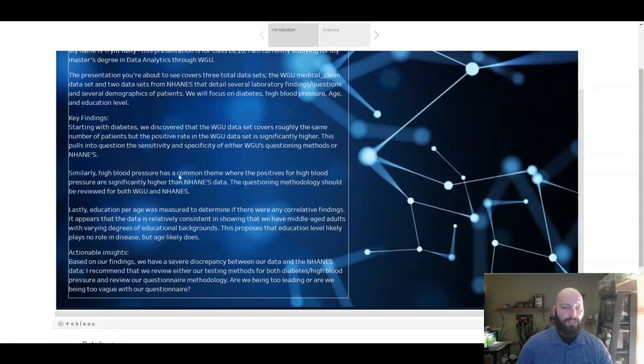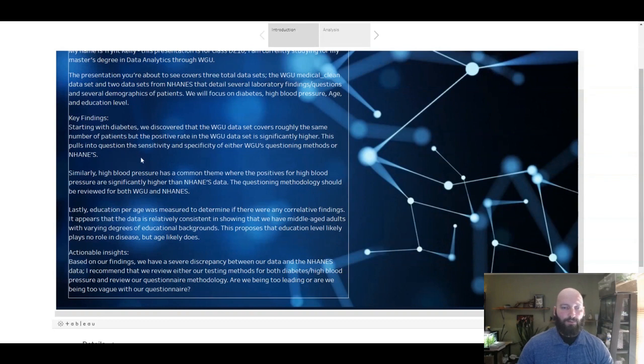Fundamentally, what I want to implore the key stakeholders and executives is that if we are going to have a meaningful analysis of the data that we collected, I want to make sure that it is quality data. So I want to implore that we review either the testing methods.